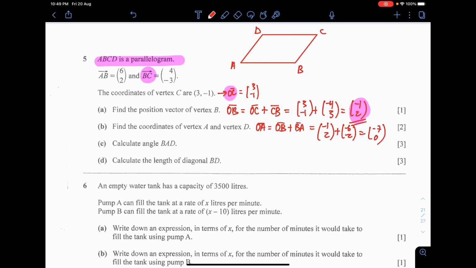I can use multiple methods. For example, I can choose AD vector equals to BC vector. BC vector is 4, negative 3. So then we have vector AD. Let me write it a little bit clearer. I want OD.